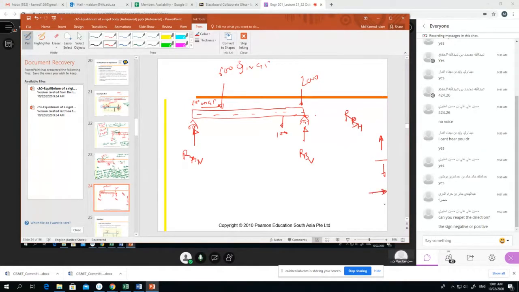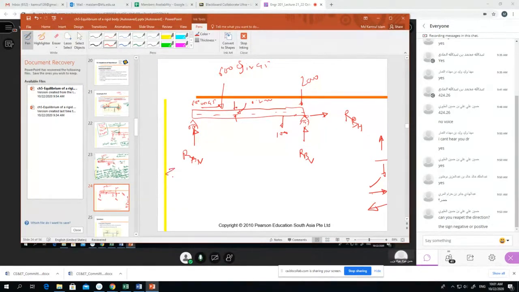It could be rightward or leftward. We assume it is rightward. Then here is 0.2 meter. Now we are going to solve it.